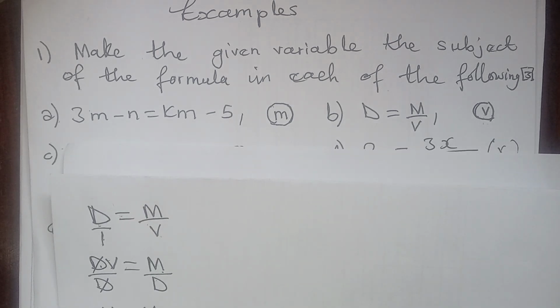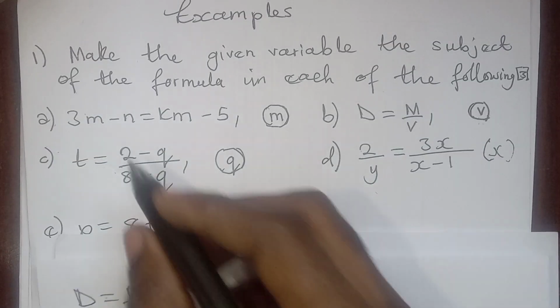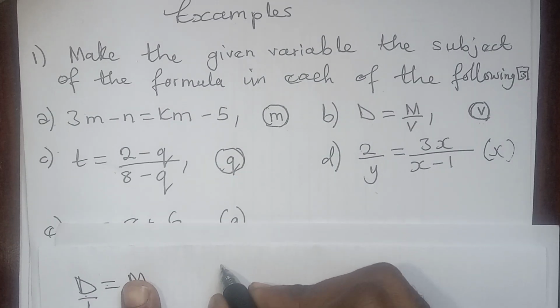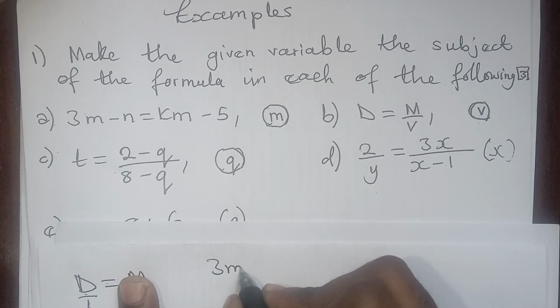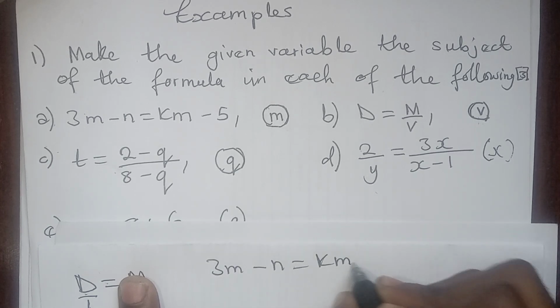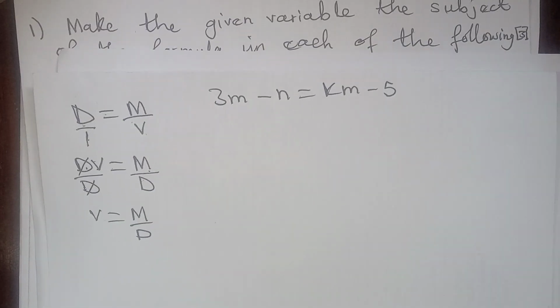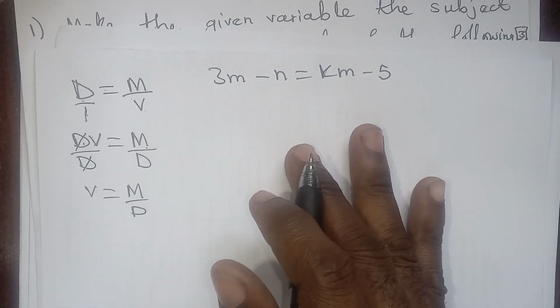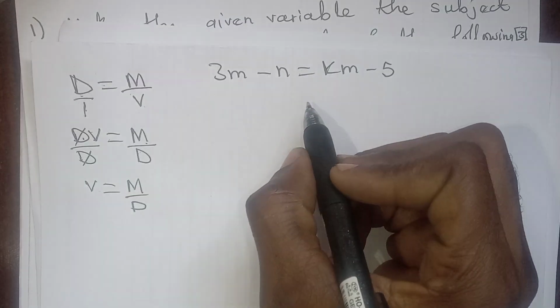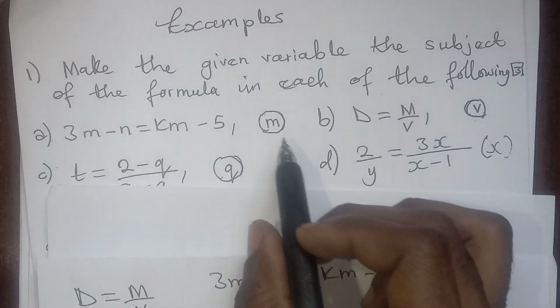So let's take it one step forward by attempting something that is a bit more advanced. So this is part A. So to solve this, all you need to do is take all the variables. Remember, we're making M the subject of the formula.